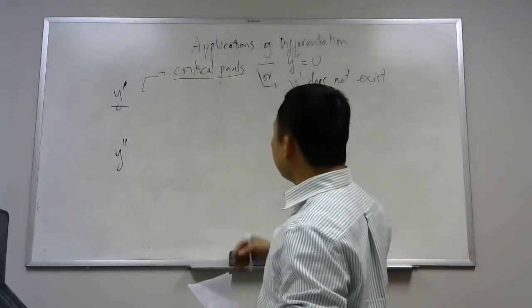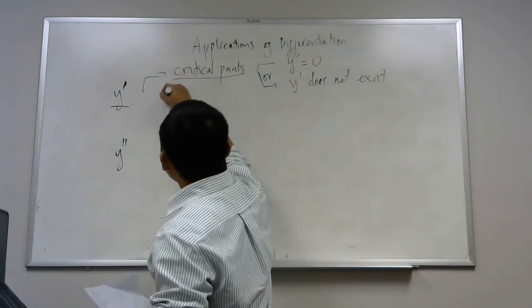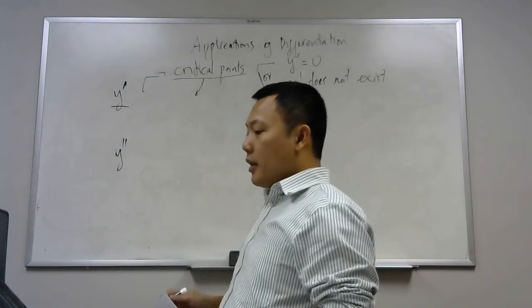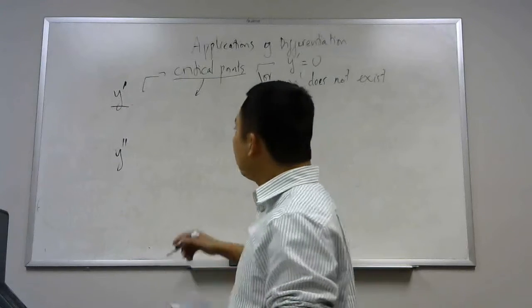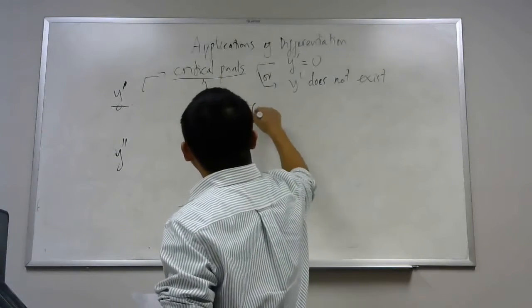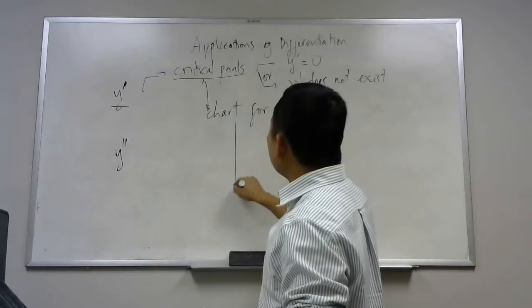So using that you can find all critical points, and then once you have all critical points, you can find local extrema, right? You make a chart for the first derivative. This chart should look like this.